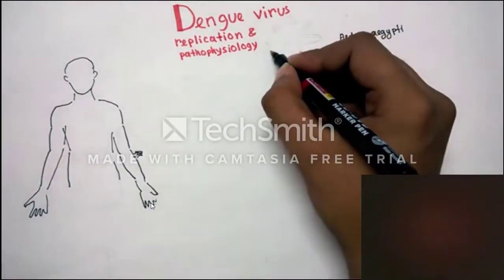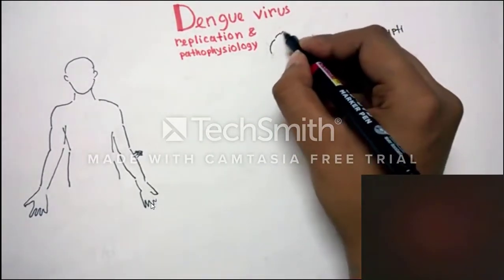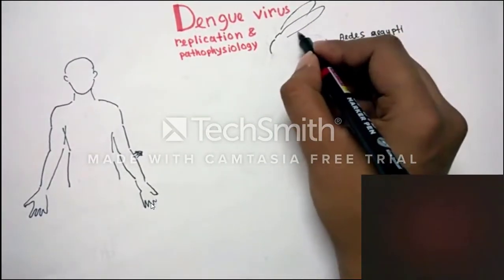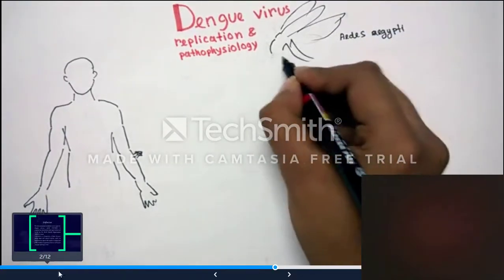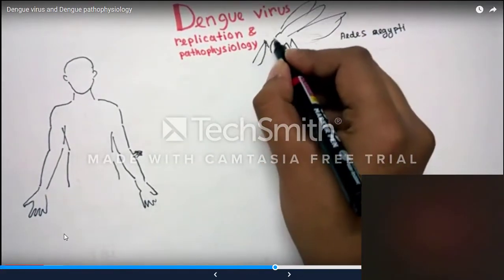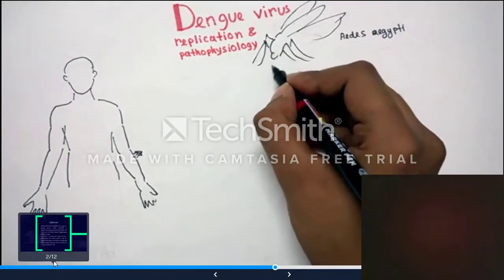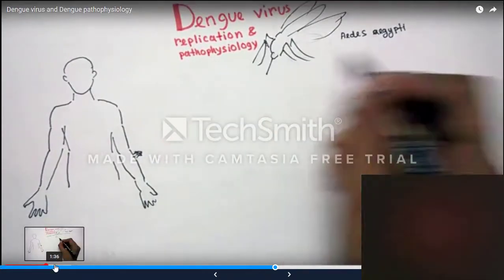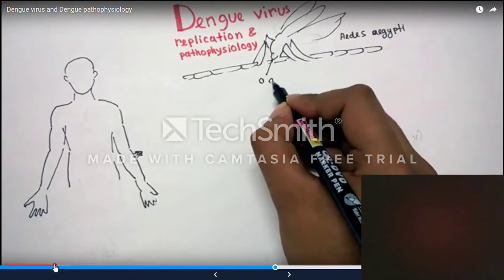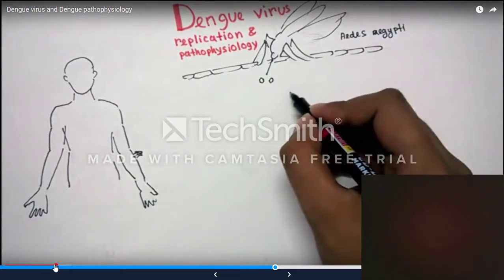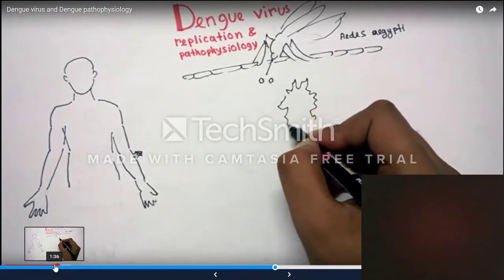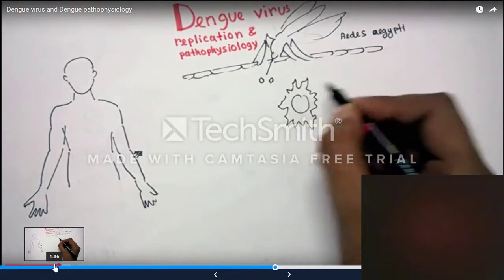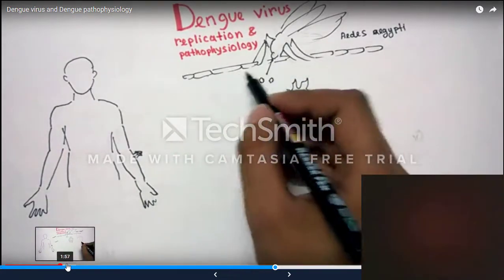When the mosquito bites, with its saliva it injects the dengue virus. The virus is injected by this mosquito, and there are some dendritic cells beneath the epidermis region.